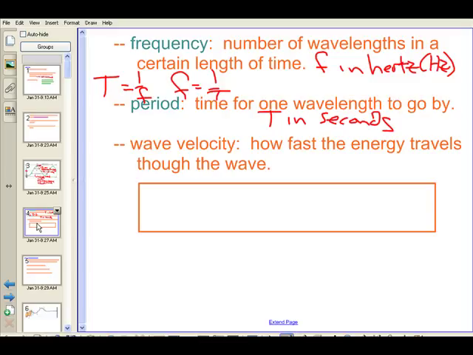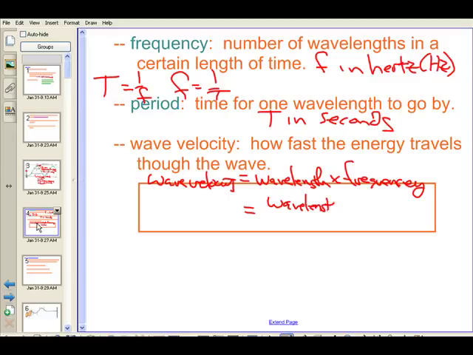Now the wave velocity. Our wave velocity equals wavelength times frequency, which means it's also wavelength divided by the period.